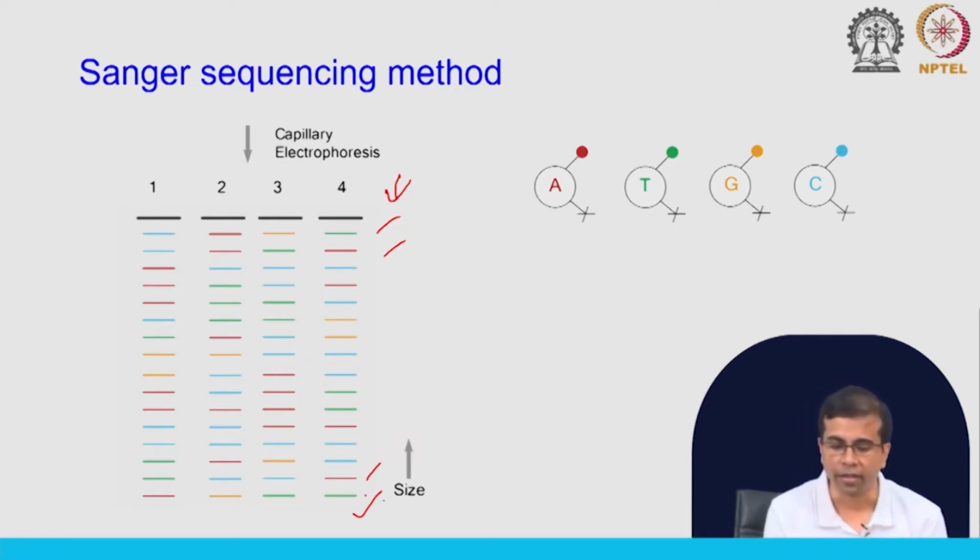In this fragment, green is T. So, what we will get is T, then A, red, then blue, 1 blue, 2 blue, so 2 C's, then again red, so A, then green T, and so on.